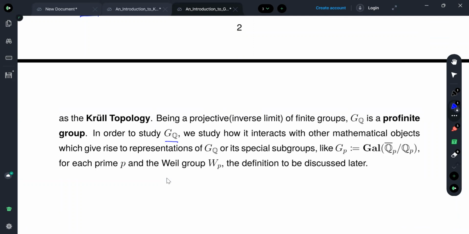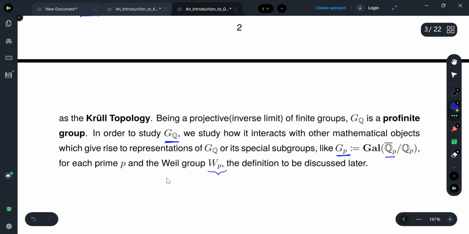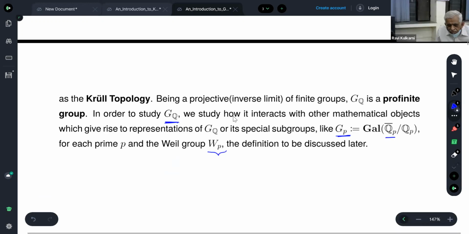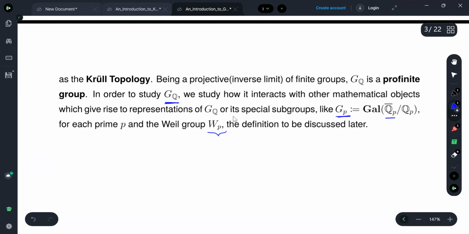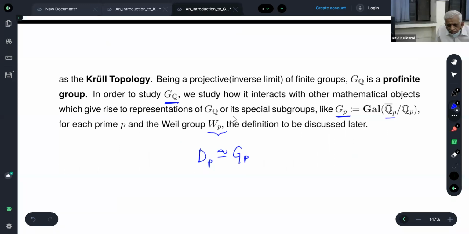Sometimes we consider Galois representations of the absolute Galois group of the local field Qp, and this absolute Galois group occurs as a subgroup of the whole absolute Galois group of Q. This local Galois group is isomorphic to the decomposition subgroup of the main global Galois group.